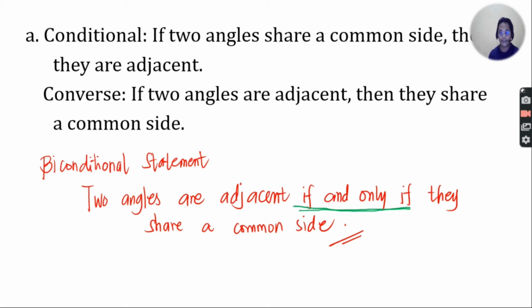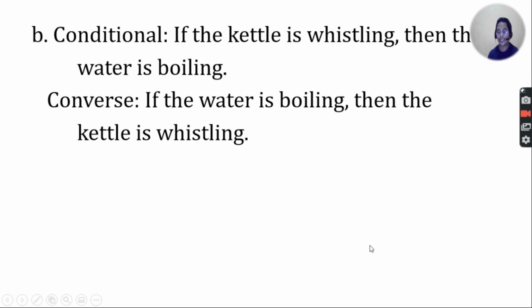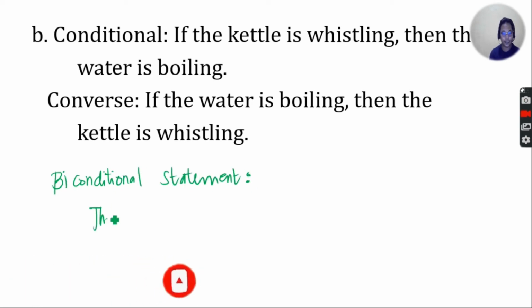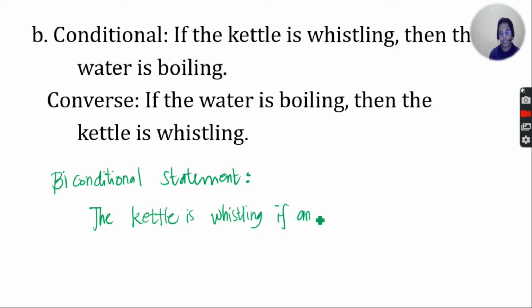So, laging tatandaan po na to write a biconditional statement, make sure po na yung ating conditional and converse ay true. And let's have letter B po. So, ang ating biconditional statement dito ay the kettle is whistling if and only if the water is boiling.